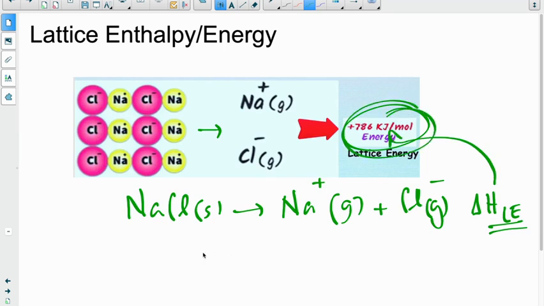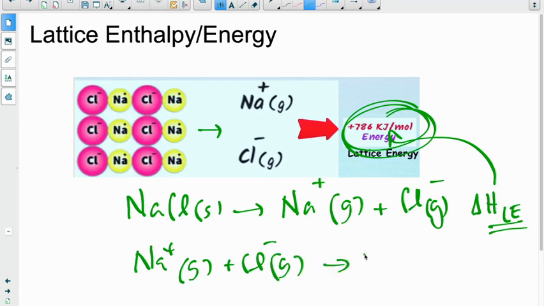Now, lattice enthalpy can also be thought of as gaseous ions coming together to form a solid, in this case, solid lattice. So if I were to do this, this is also labeled lattice enthalpy. The only difference is the first one here is actually endothermic because you are going from a solid to these gaseous ions.